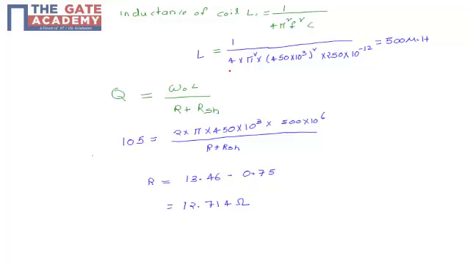After solving, we get the effective inductance of the coil as 500 microhenry.